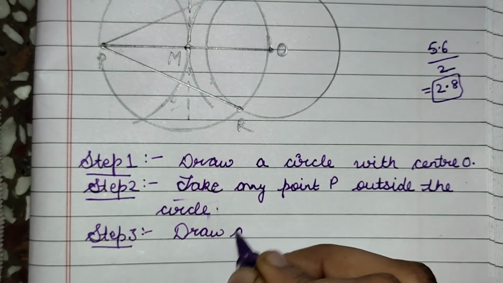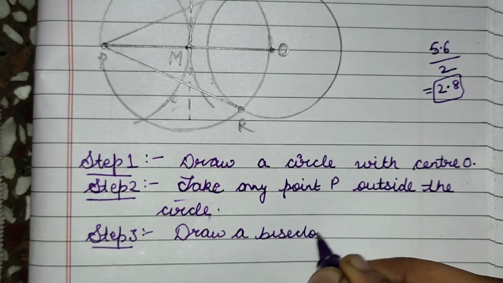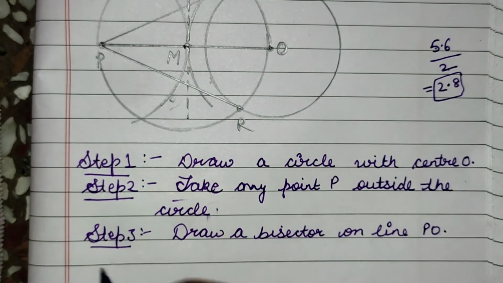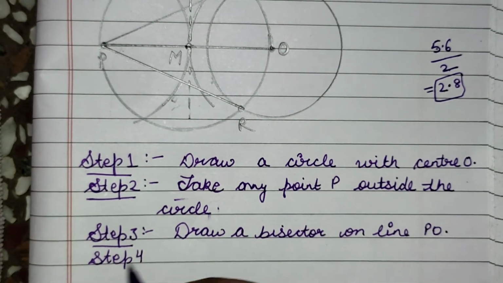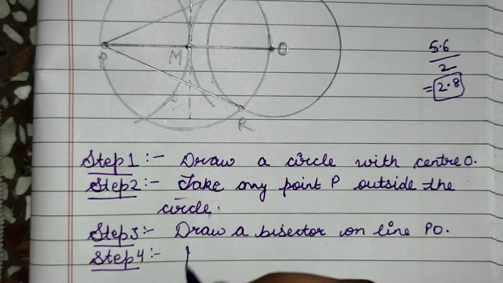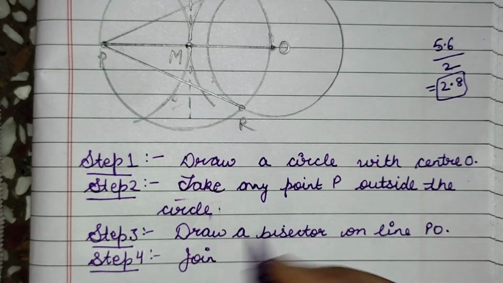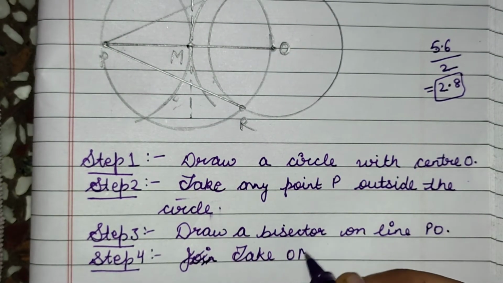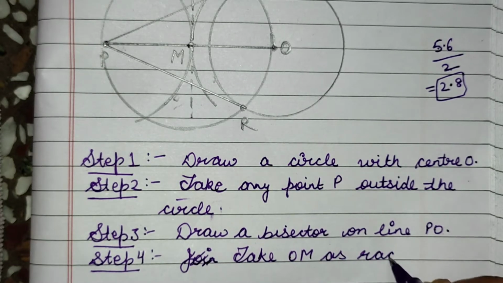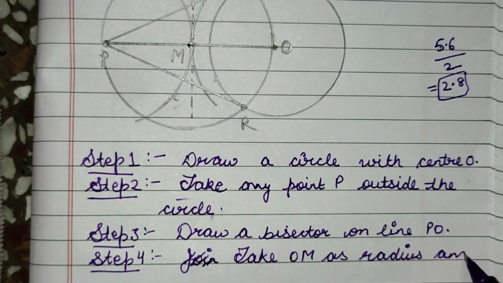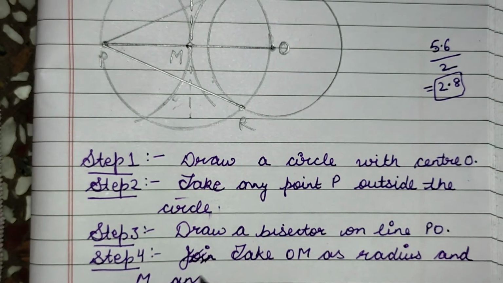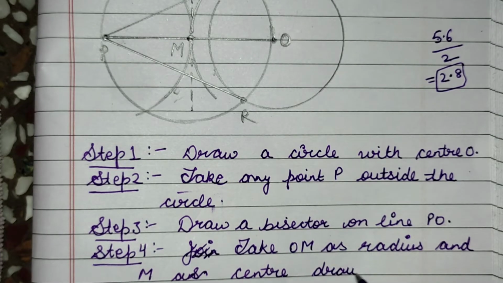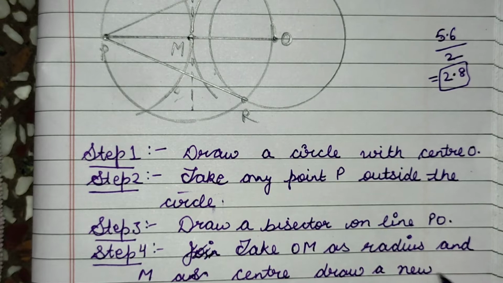Step 3 will be what? Draw a bisector on the line PO, and let the midpoint be M. Step number 4 was what? Take OM as radius and M as center of the circle, and draw a new circle.